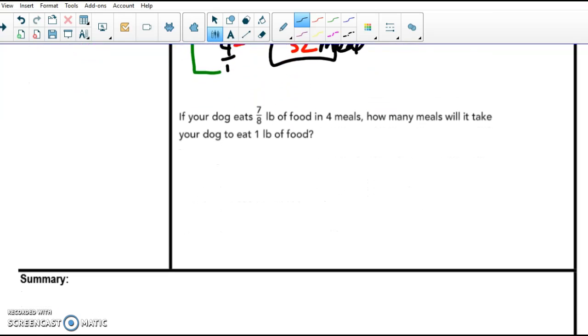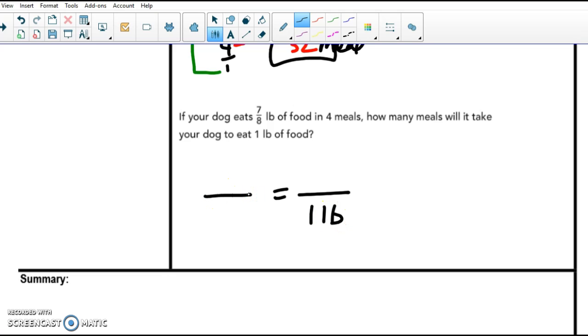Let's suppose our dog eats 7/8 pound of food in 4 meals. We want to know how many meals it will take for my dog to eat 1 pound of food. So here's what I'm essentially doing. I'm trying to find a unit rate, right? Because I want to know how many meals it takes before my dog has eaten 1 pound.